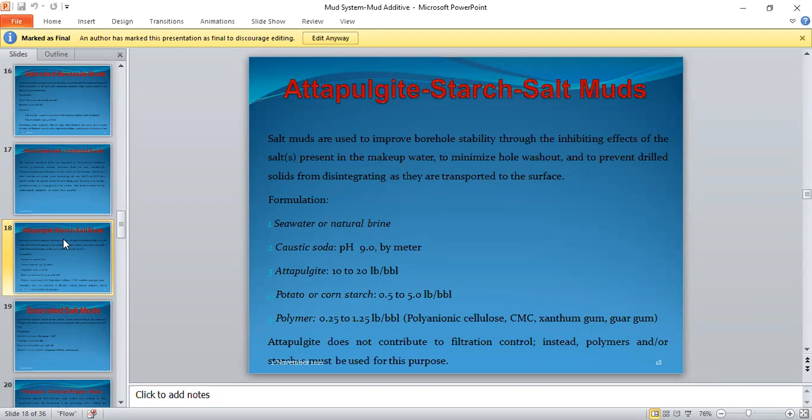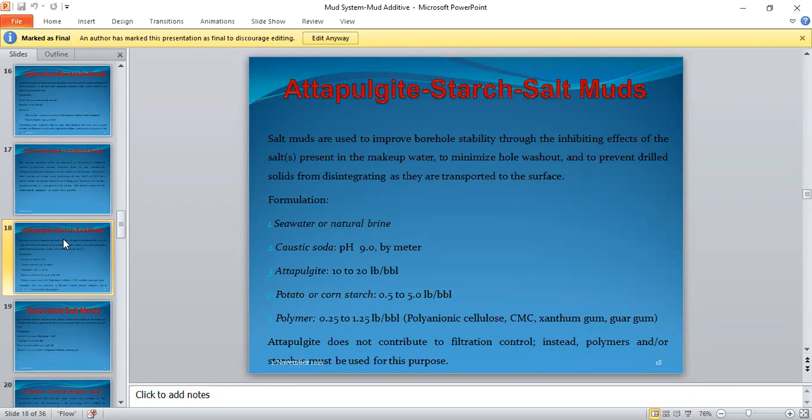All right, the formulation for attapulgite starch salt mud. Attapulgite is a kind of bentonite that will give you viscosity in salt water. Sodium bentonite is the one that will give you viscosity in fresh water.